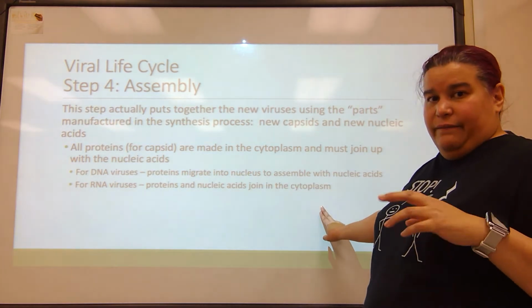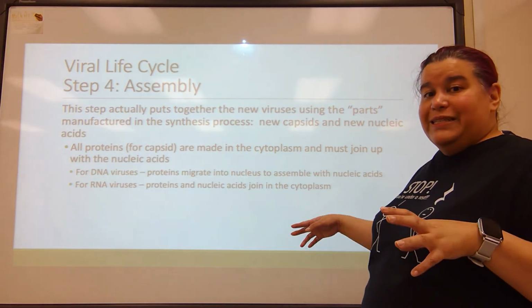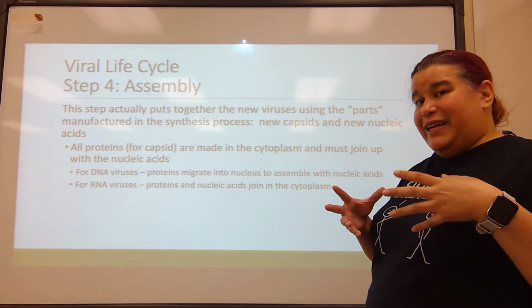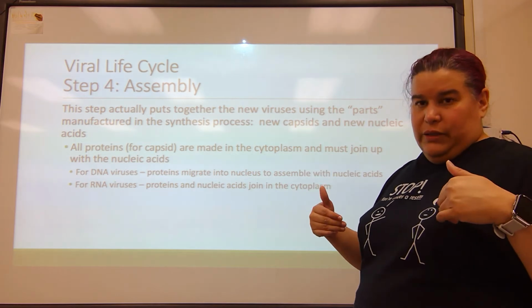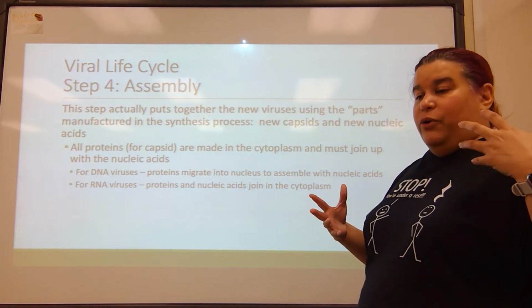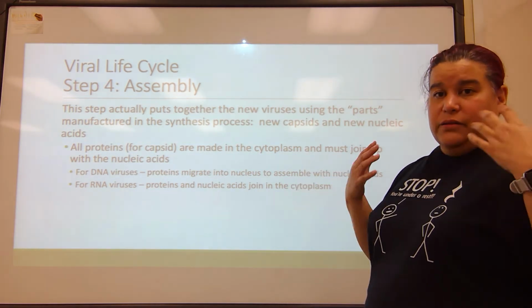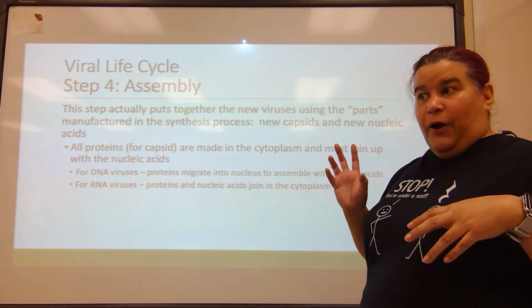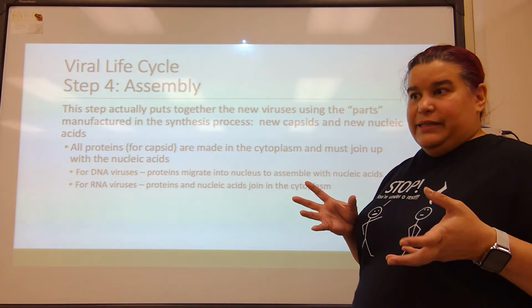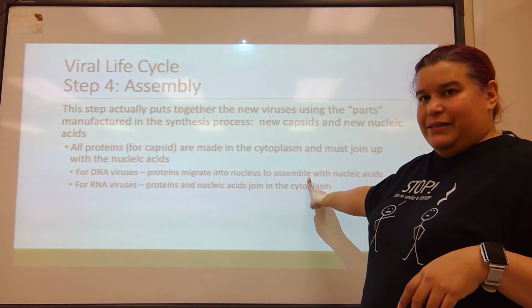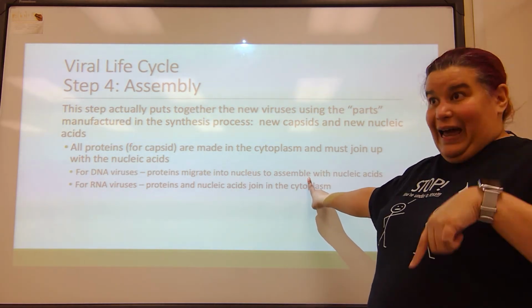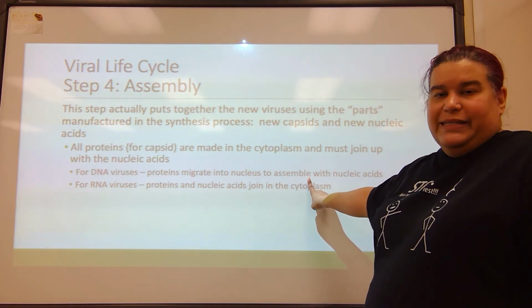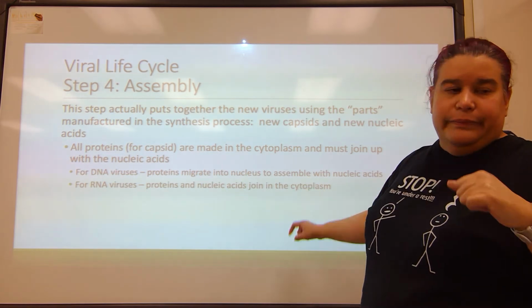With RNA viruses, the proteins and the nucleic acids join together in the cytoplasm, not in the nucleus. Remember, for human cells, our DNA is only in one place, and that's in the nucleus. So this makes sense. If I've got a DNA virus, it has to go into the nucleus because it's the only place DNA exists inside of our cell.